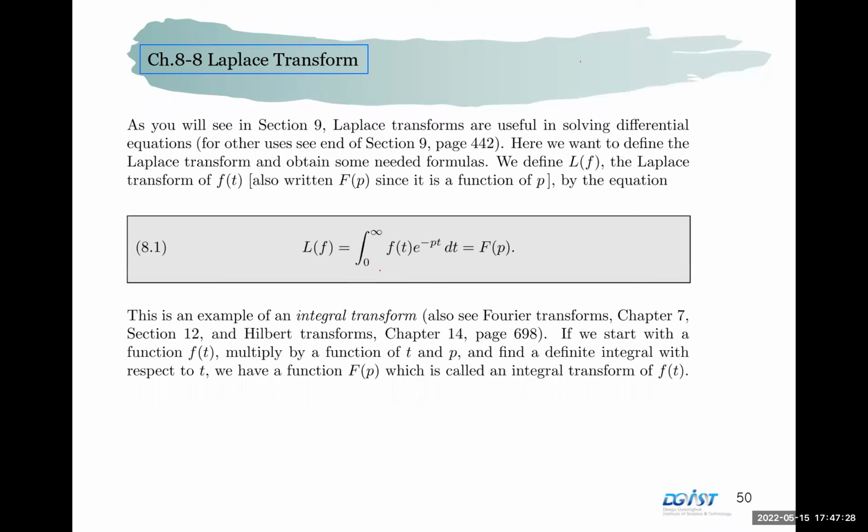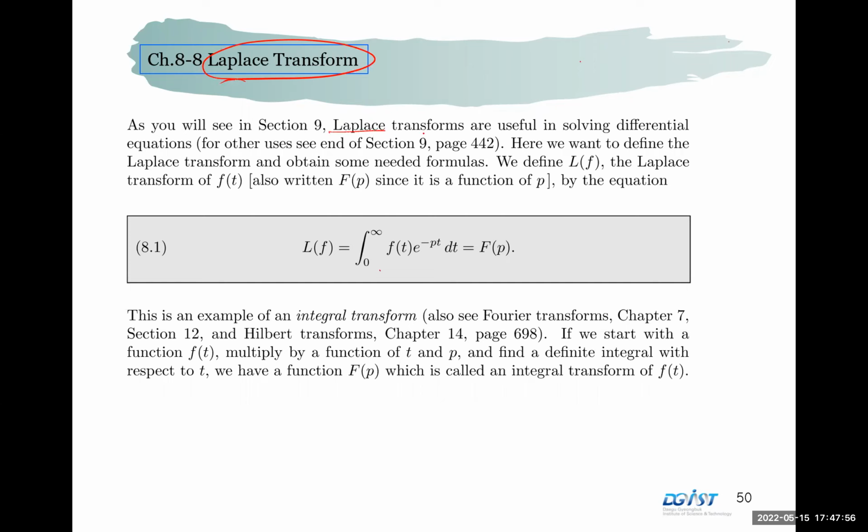Okay, we learned some examples of special cases of the second order differential equation. And in this section, we will learn about the Laplace transform. We already learned about the general form of the integral transform, and the first example was the Fourier transform. The Fourier transform is very powerful and very useful in many fields of physics.